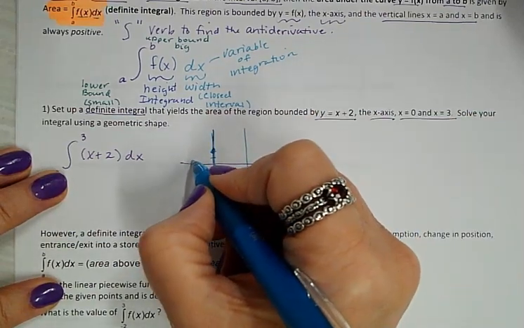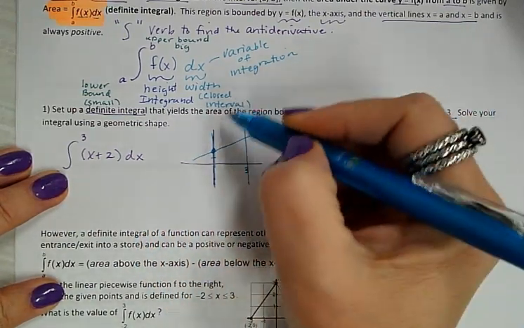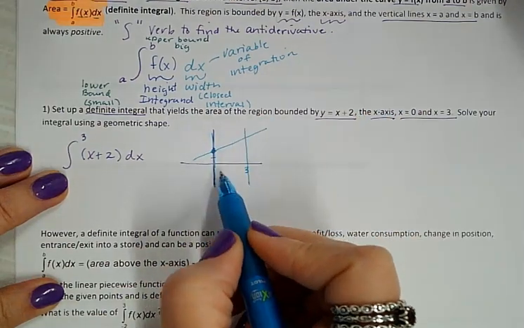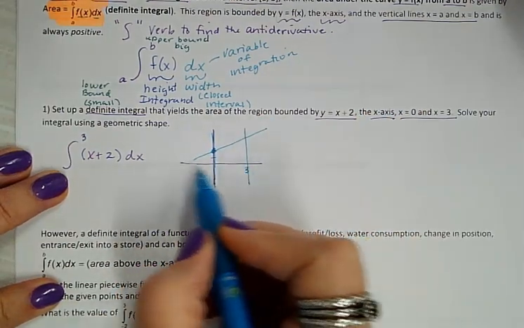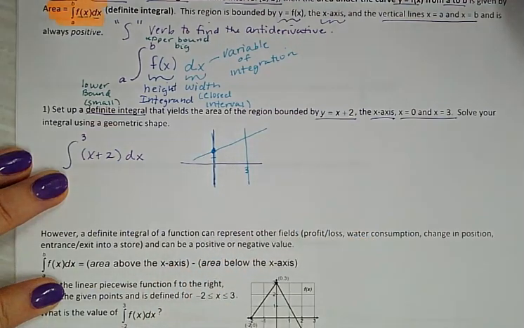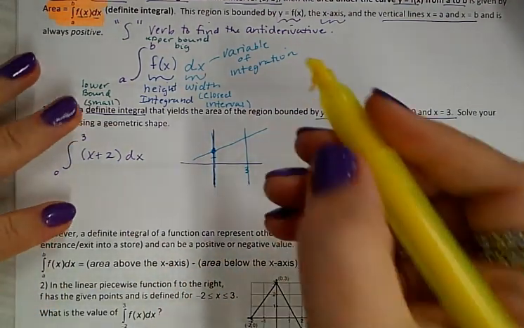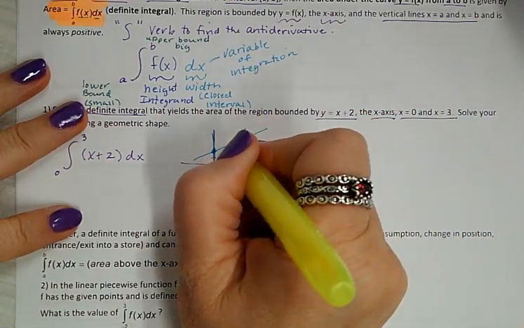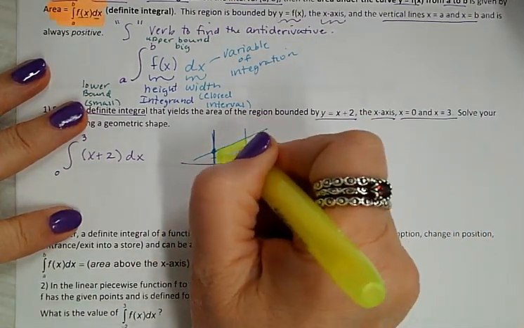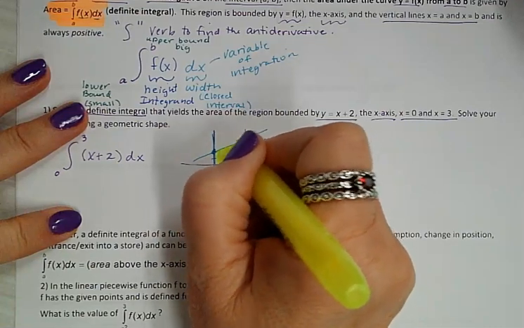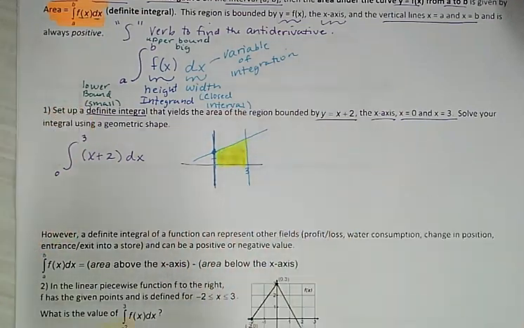So it's going to look something like this, bounded by the axis, the function, and the two vertical lines. I think I pointed to the wrong line, but this is the axis down here. So what I'm actually finding the area of is the space in here. And remember, integration is the area under the curve.